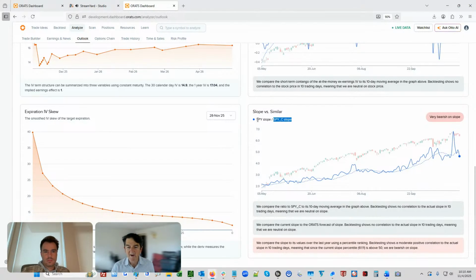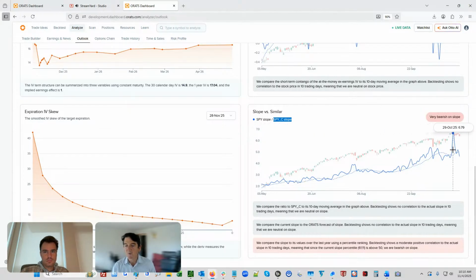SPY is often much steeper than its components, meaning you might have an average slope of what we call a 5% slope in SPY, but only a 2.5% slope in its components. So that's why it's usually about two times. But lately it's been going way up, almost 5 times. Now it's coming down, but it got very, very steep in SPY.